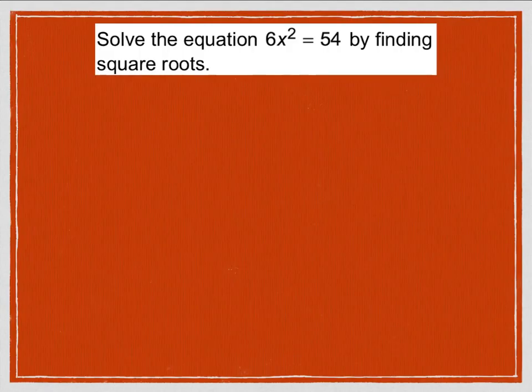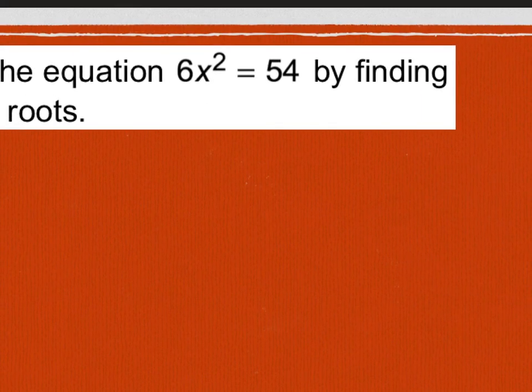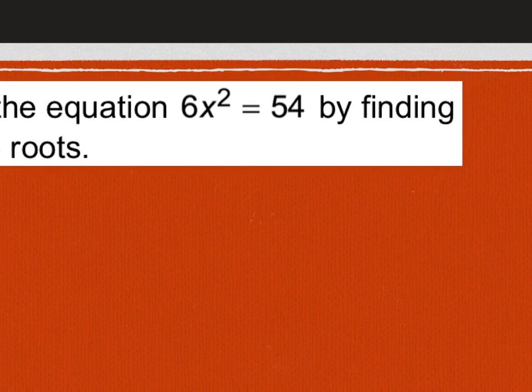So let's look at our next example. What do you think we have to do first here? This looks a little bit like the last one. Same thing. What should we do first? Awesome. We want to get that x squared all by itself. So we divide both sides by 6. That 6 cancels.